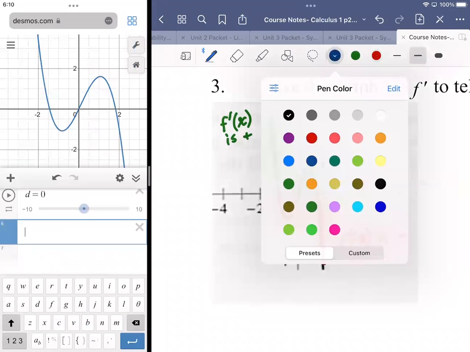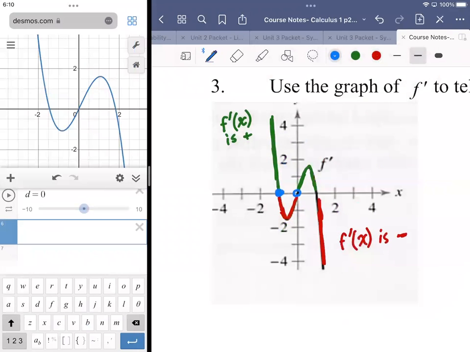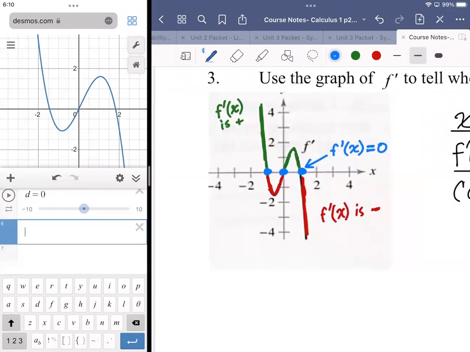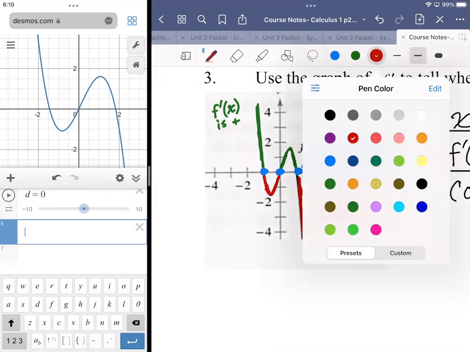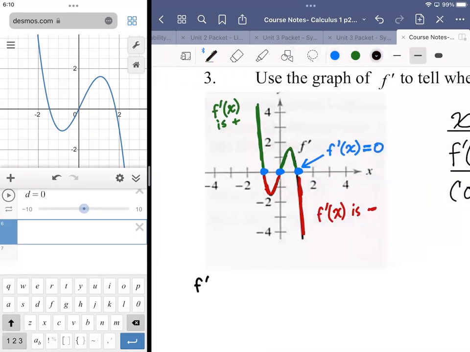Now add to that the cases where we're actually on the x-axis. Those would be instances where f prime of x is equal to 0. So we can start drawing some conclusions here, going back to what we talked about last class. Anywhere the derivative is positive has the original function increasing.